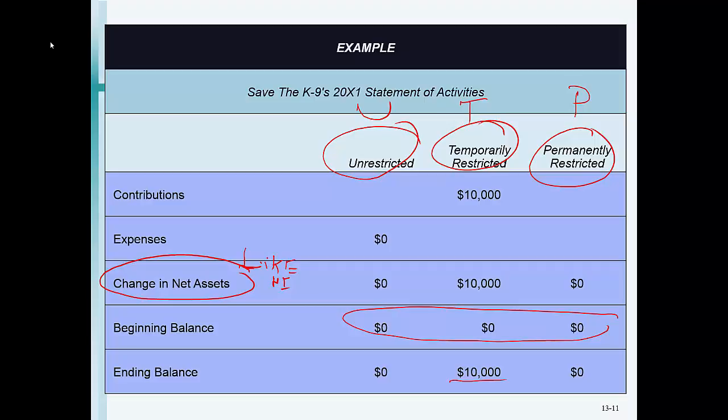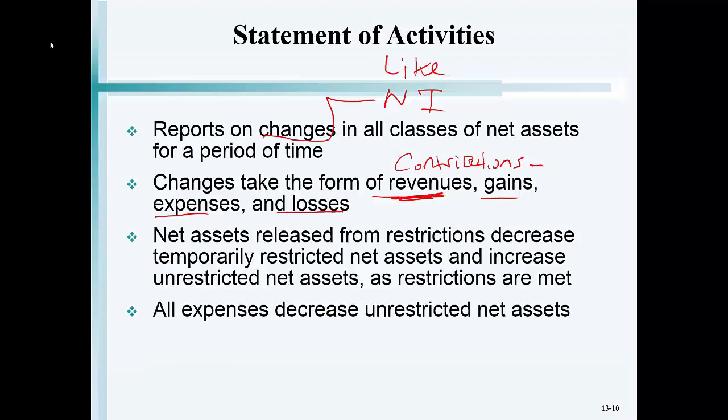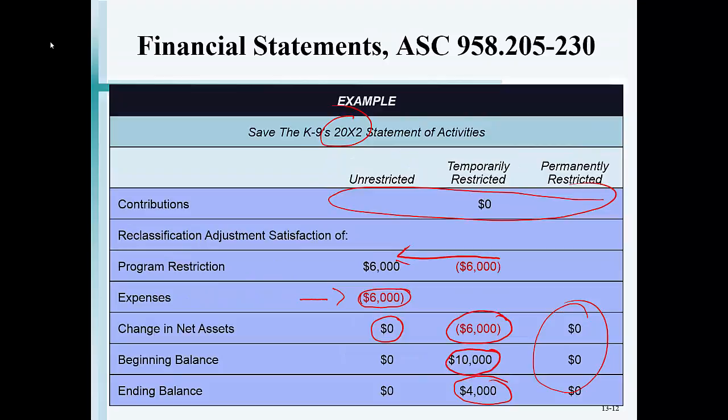And then the question will say, what should be reported as a contribution in year 1? $10,000 temporary restricted, right? Or the problem may say, what should be reported as a reclassification adjustment in year 2? $6,000 being reclassed out of temporary restricted and into unrestricted.